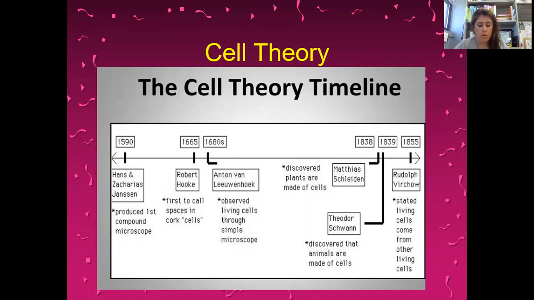Then we have who proposed the idea that cells are the basic unit of life in plants, and that is going to be Matthias Schleiden. And then 5, who used a microscope that he designed to study a thin slice of cork that he coined the term cells because they look like little chambers. That is Robert Hooke.